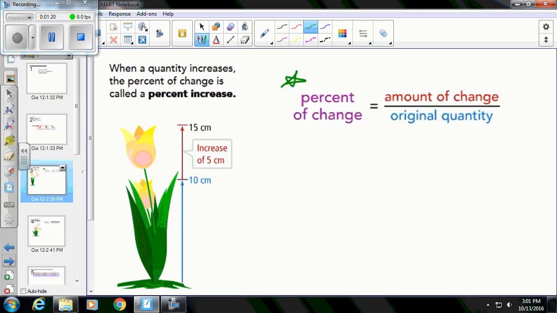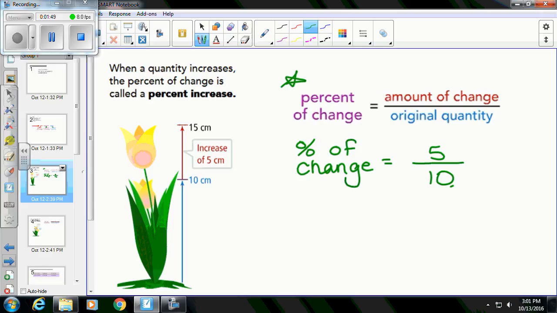So my percent of change equals my amount of change, which in this case was 5, over my original height, which was 10. Now this 5/10 represents a percent. The easiest thing for us to do is either reduce it to a half, or remember we need the denominator to be 100.